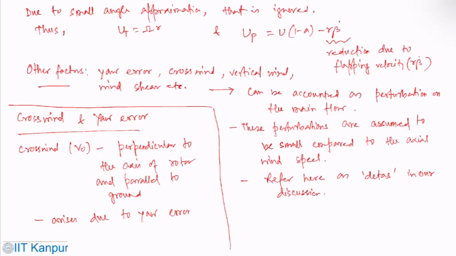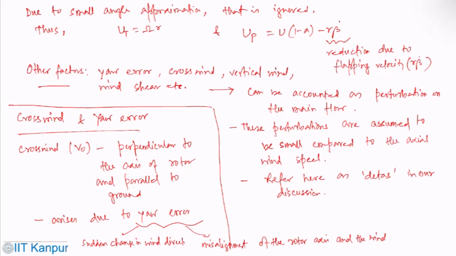This yaw error could be due to some misalignment of the rotor axis and the wind, or a sudden change in wind direction, or misalignment of the rotor axis and the wind. So this yaw error could come from all this.